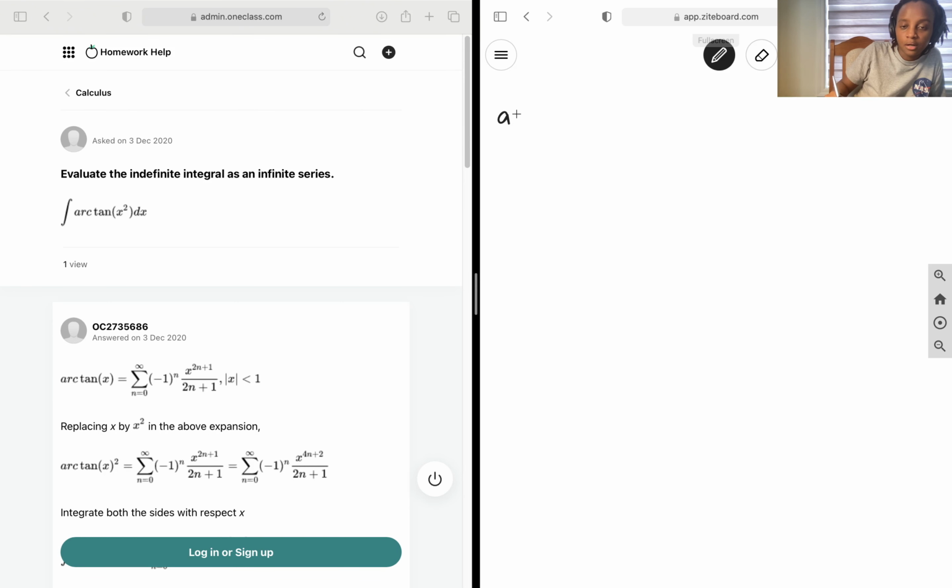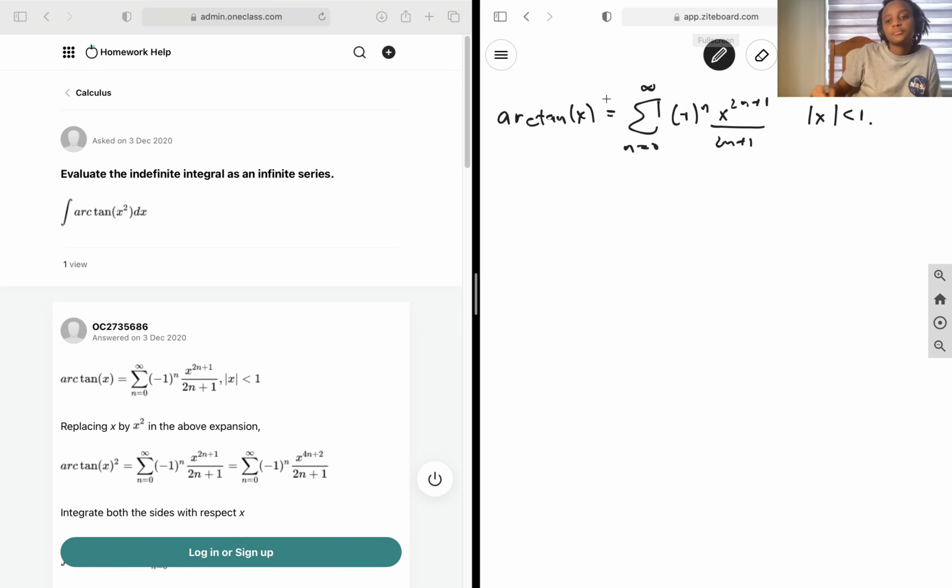Okay, and so we already know that arctan x is equal to the series, so the summation from n equal to 0 to infinity of negative 1 to the n, x to the power of 2n plus 1 over 2n plus 1 as long as the magnitude of x is less than 1.